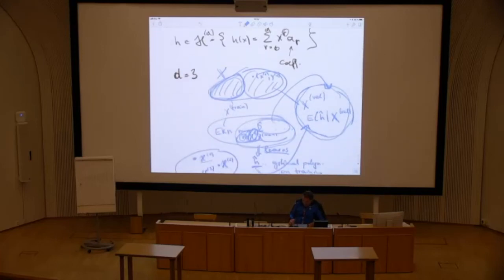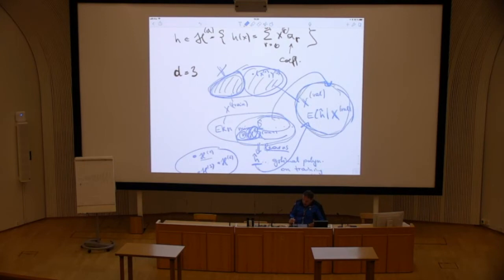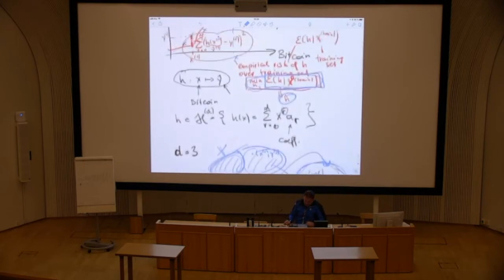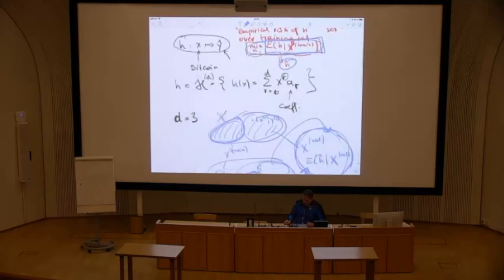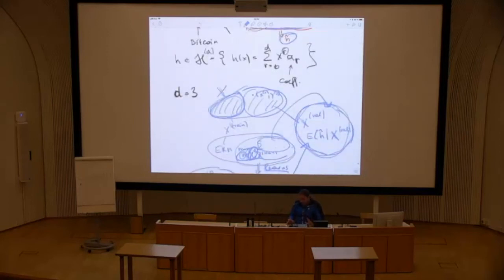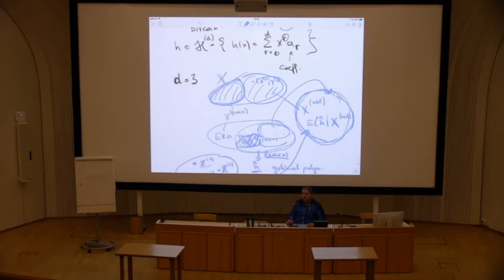Well, we hope that these outliers get caught by looking at the validation error, which would be large. But there are also more specialized methods for detecting outliers. Any other questions?